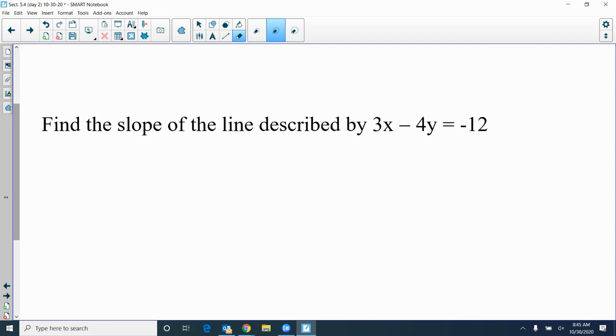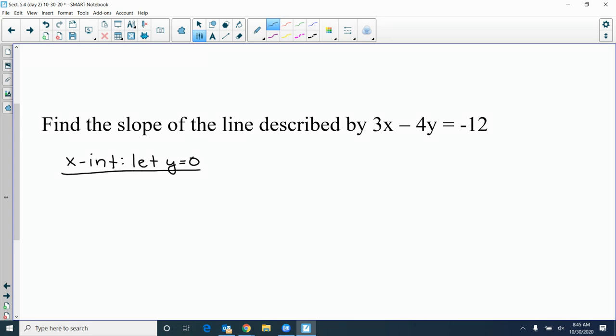So remember, for your x-intercept, you let y equal 0. Then we substitute that in, and that gives me 3x minus 4 times 0 equals -12.